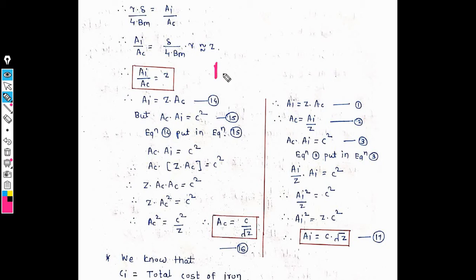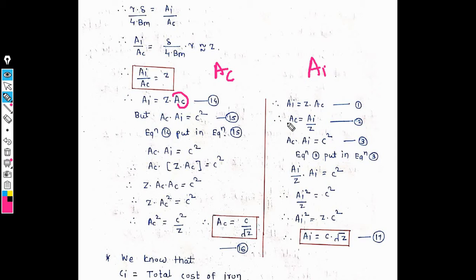That means this is the equation for AC and this is the equation for AI. AI is equal to Z into AC. Rearranging, AC is equal to AI upon Z, equation number 2. Then AC into AI is equal to C square, equation number 3.